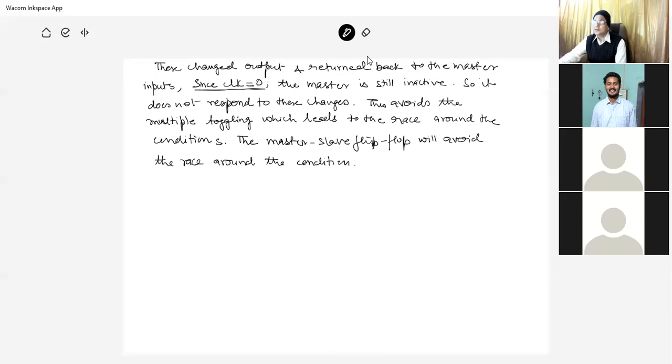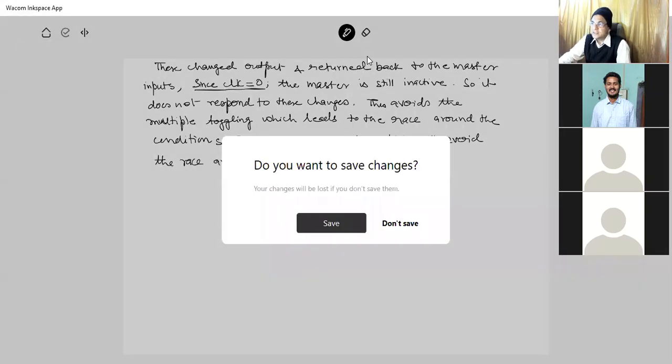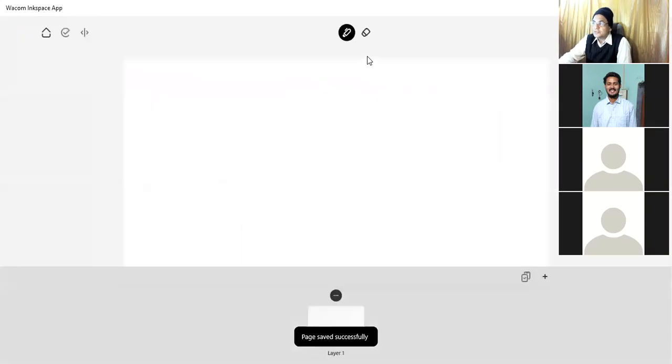If clock is 0, master is inactive, slave is active, and vice versa. And if both inputs are in one state, then it is toggling. And to avoid the multi-toggling, which leads to the race around conditions, the master slave flip-flop will avoid the race around the given condition. So this one is the complete discussion of this master slave.